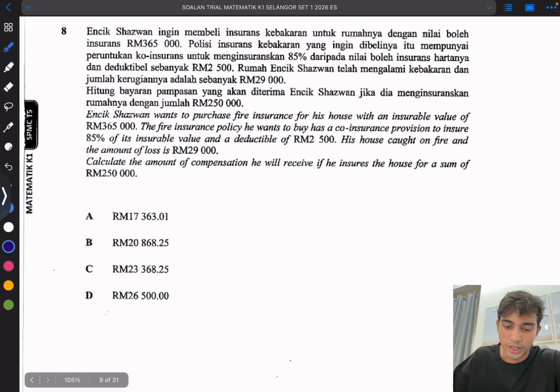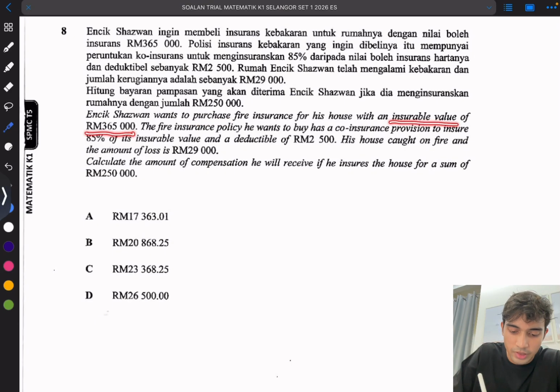Soalan nombor 8. Okay. Encik Shazwan wants to purchase fire insurance for his house with an insurable value of 365,000. Okay. This is the insurable value. Fire insurance policy he wants to buy has a co-insurance provision to insure 85% of his insurable value.